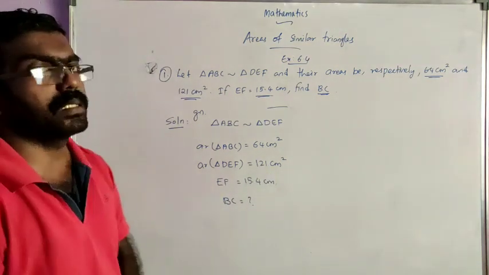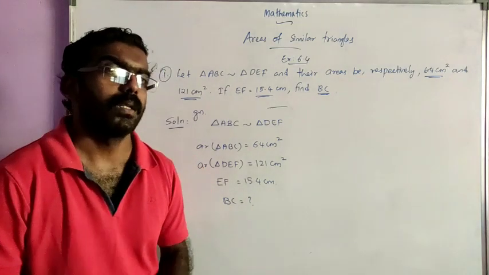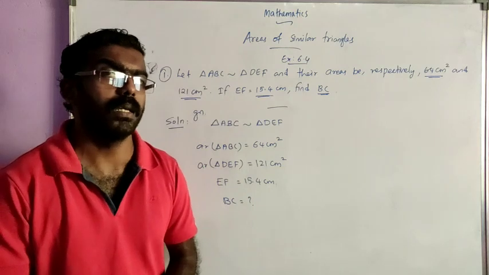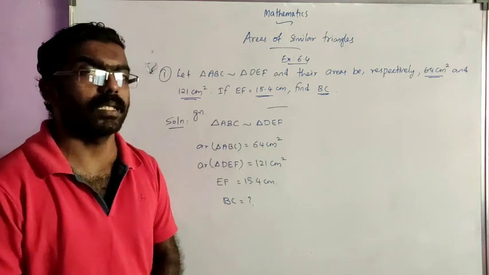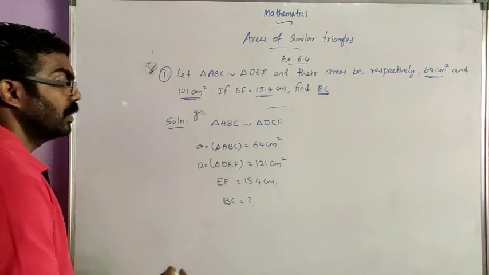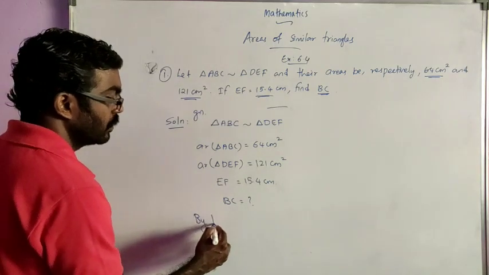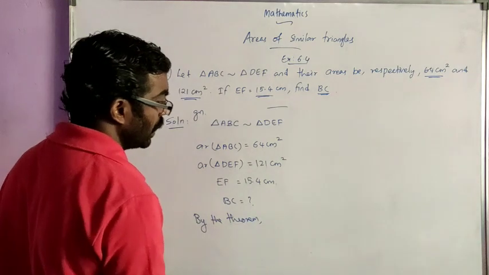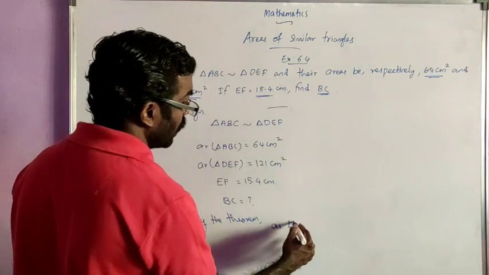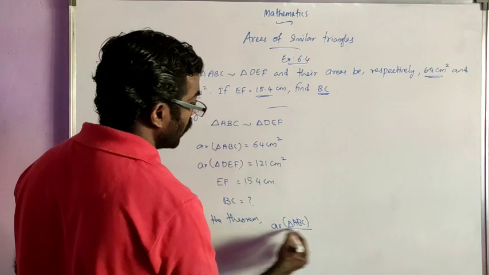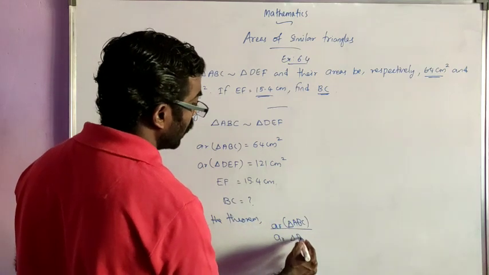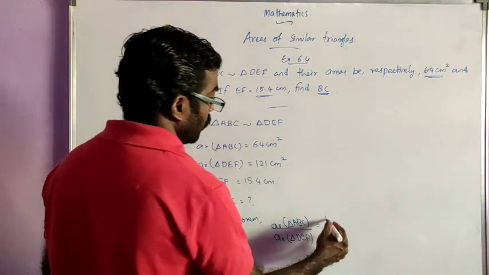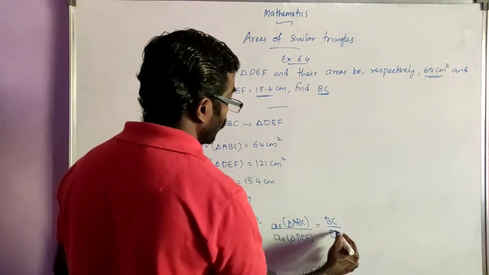Being the triangles are similar, we can apply the theorem. The ratio of the areas of two similar triangles is equal to the square of the ratio of their corresponding sides. So by the theorem, we can write area of triangle ABC divided by area of triangle DEF will be equal to BC by EF the whole square.